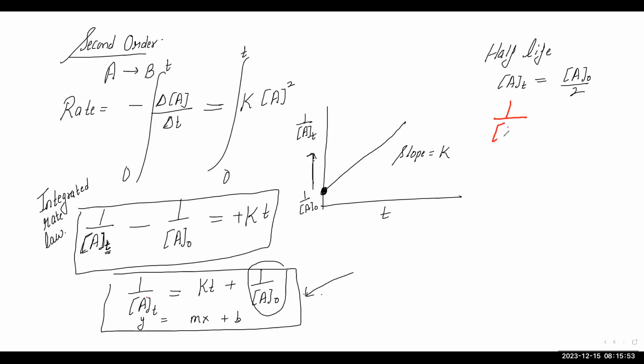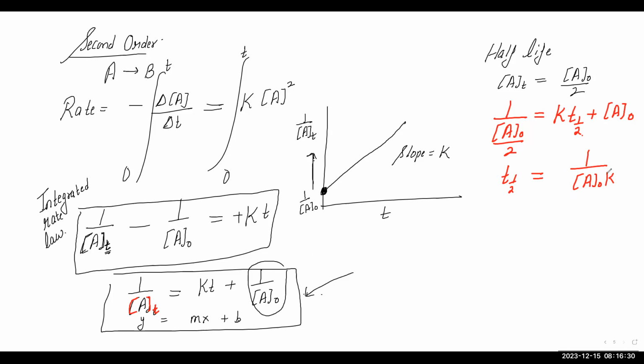So it is 1 over A naught over 2. I replace the concentration of A at time t by A naught over 2, which is equal to k, this t is time, children, t is t half now, plus 1 over A naught. Rearrange the equation and you will get t half as 1 over A naught k. Rearrange, do the mathematics on your own.